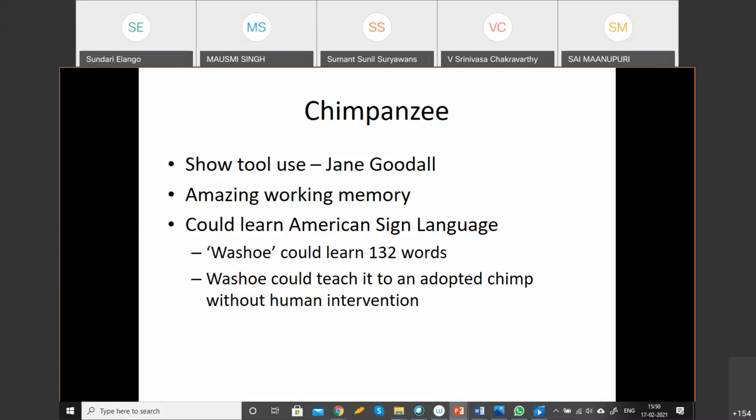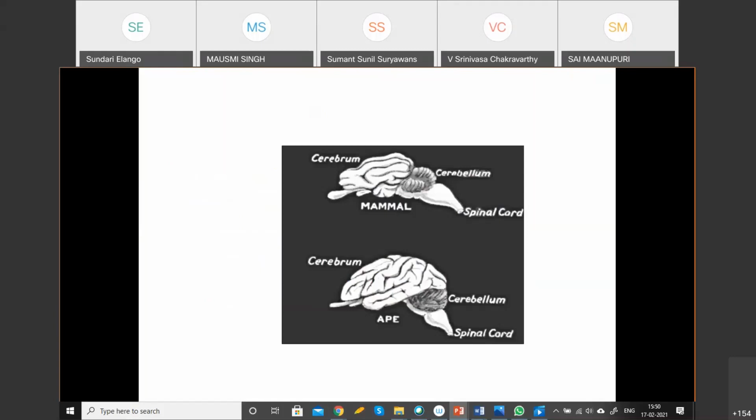And this animal could also teach these words to another baby chimp. And they could also invent new words, right, by combining signs. So language, again, we think that only humans have this capability. But even chimpanzees could exhibit linguistic skills, provided you accept sign language as a kind of language.